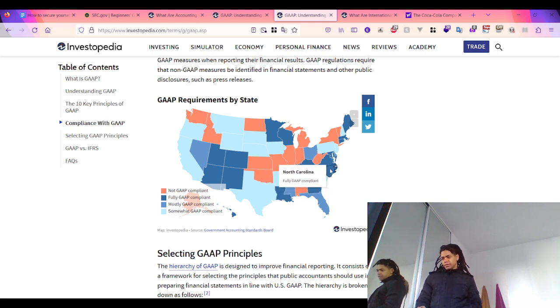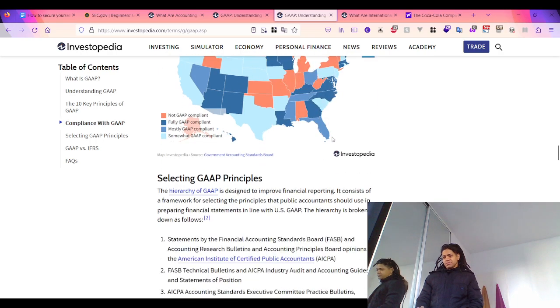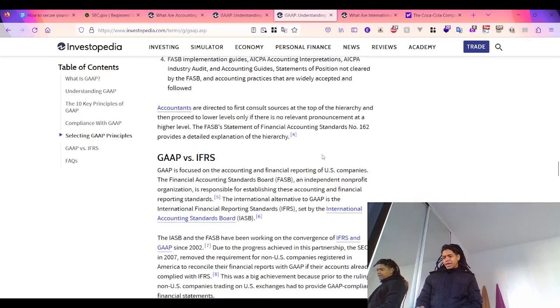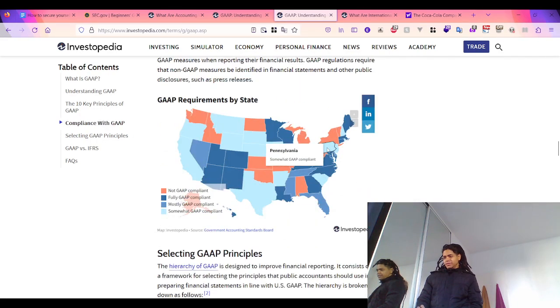Fully GAAP compliant. And they don't adhere to that. In the US, they don't even adhere to that.